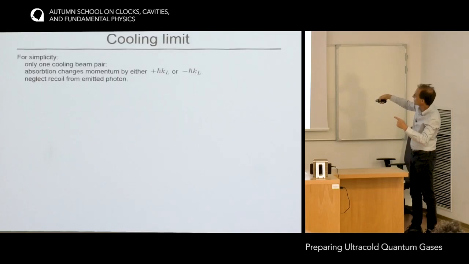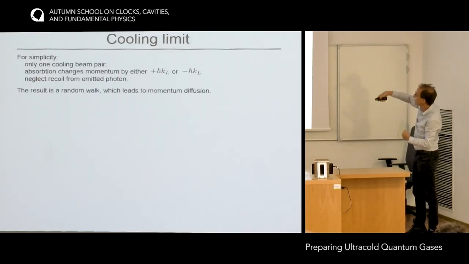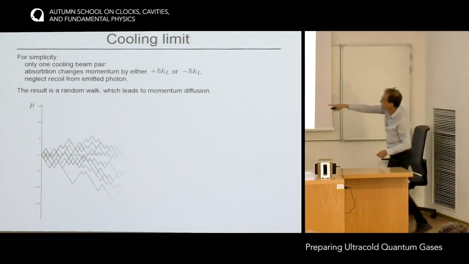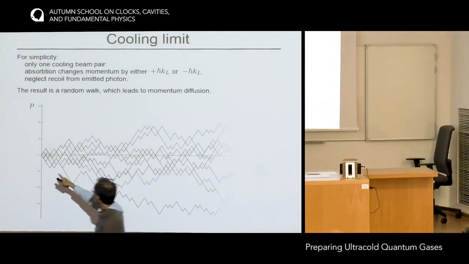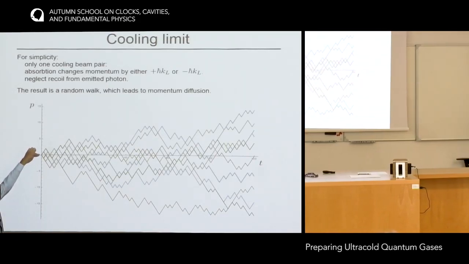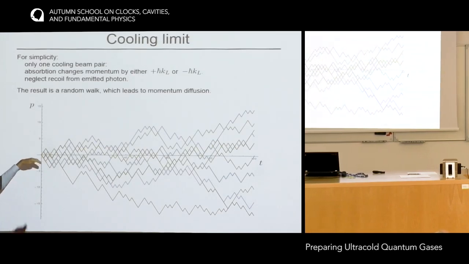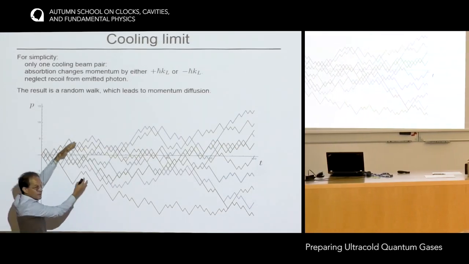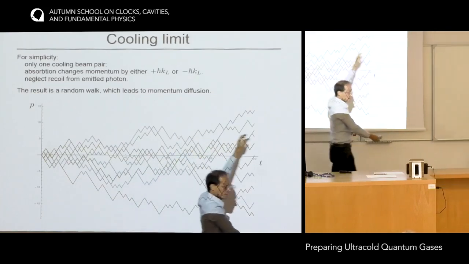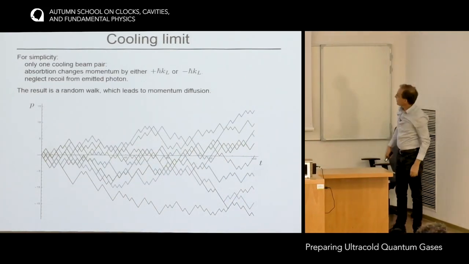I'll show this to you now graphically in 1D. Imagine we have a single beam pair which can push the atom up and down. I start here in this numerical simulation with like 10 atoms or so at zero velocity. And then they randomly absorb photons from these two cooling beams. You see they just spread out with square root of t, just a Brownian motion, a random walk.